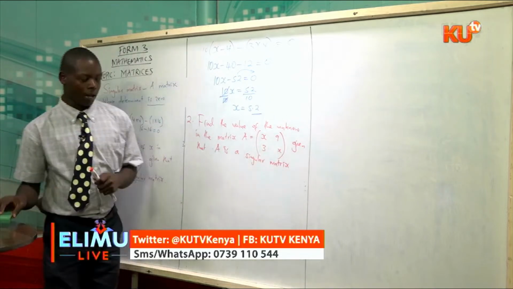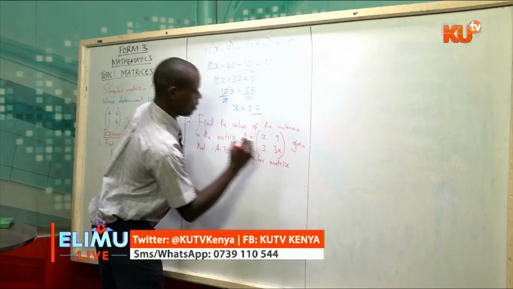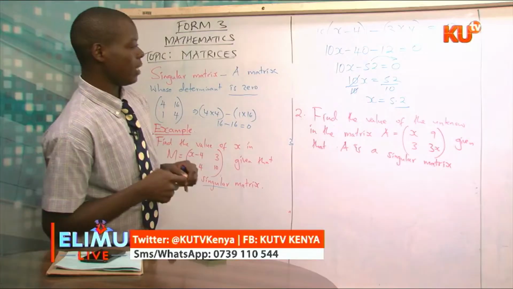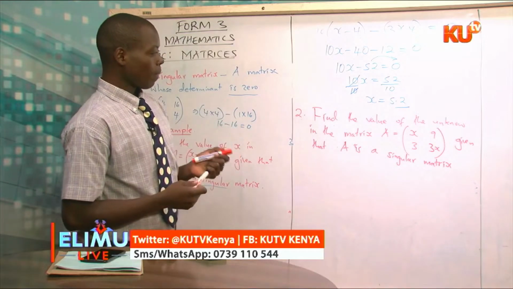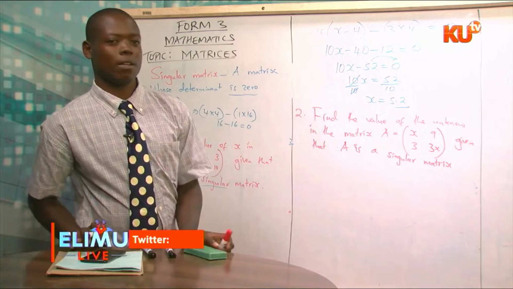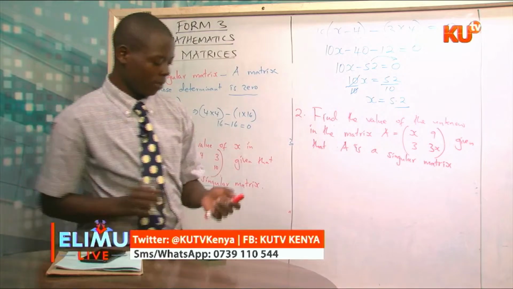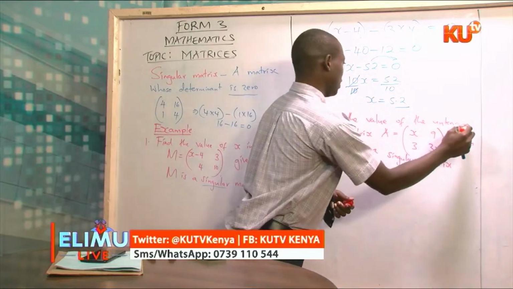Given that A is a singular matrix, we find the value of the unknown, and our unknown in this case is x.